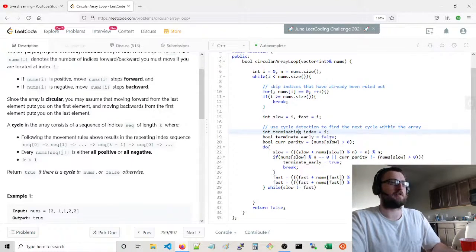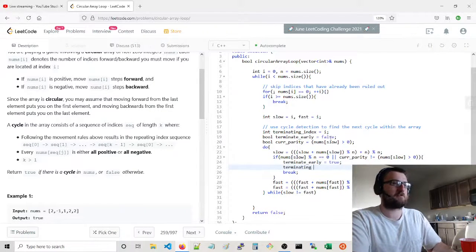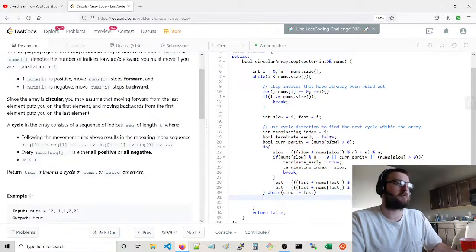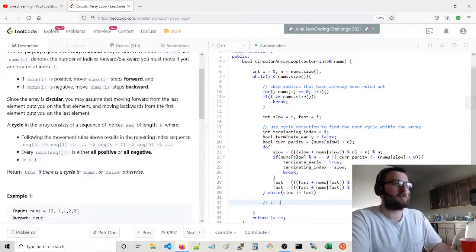Really, this is the final index, so terminating index is going to be equal to slow. And then if we break here, say terminated early, set all of those values to indices that will be skipped.